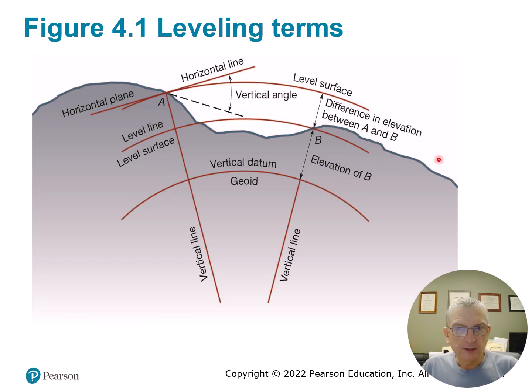So we will take a sight, and the horizontal line is going to be a level line that really does not bend. And it's perpendicular in theory to the center of the Earth. What it is actually perpendicular to is the Earth's gravitational pull at that point.